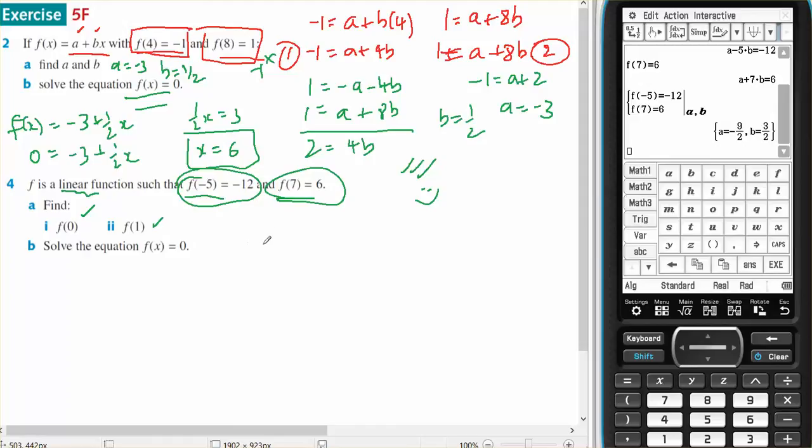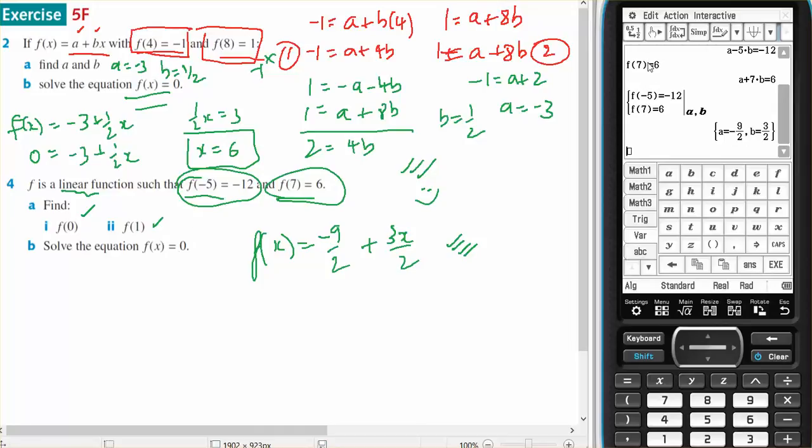So therefore I know that f of x equals a, which is -9 on 2 plus 3x on 2 is my rule, and I need f of 0, f of 1.